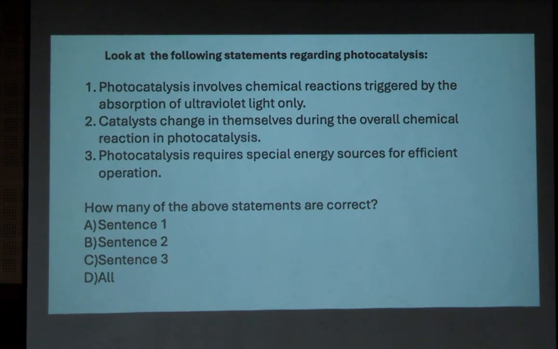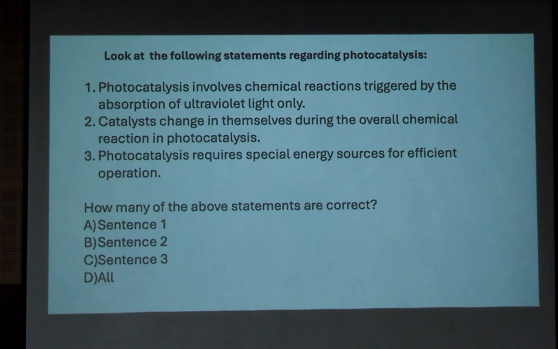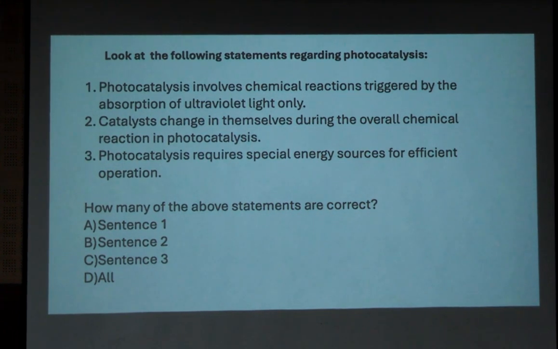So 1 is that photocatalysis involves the reaction triggered by the absorption of UV light only. And second is that catalysts change themselves during the overall chemical process.